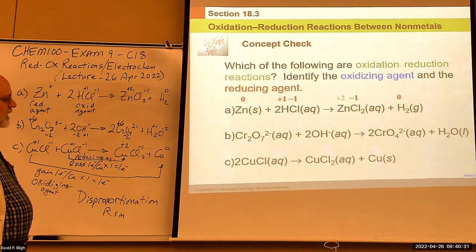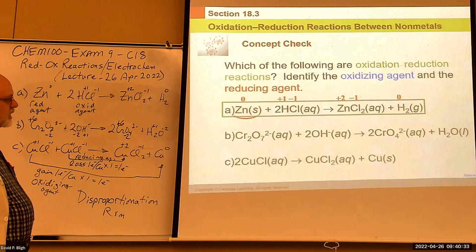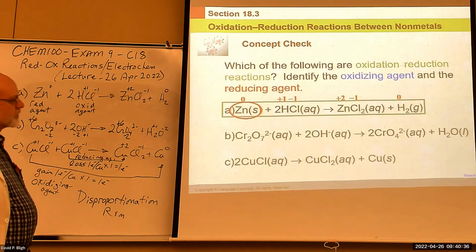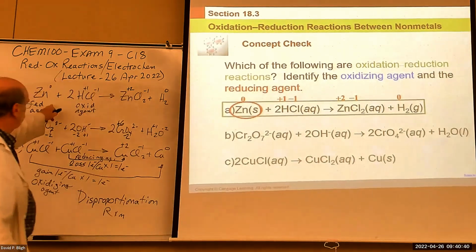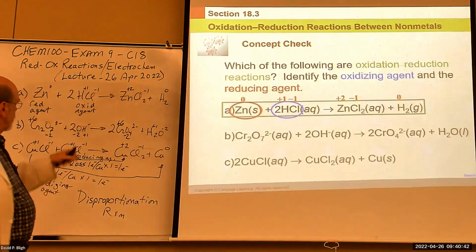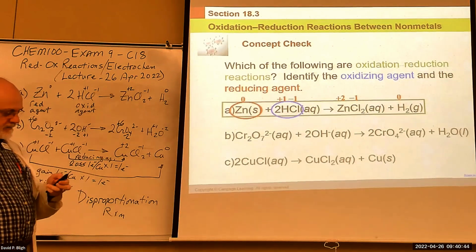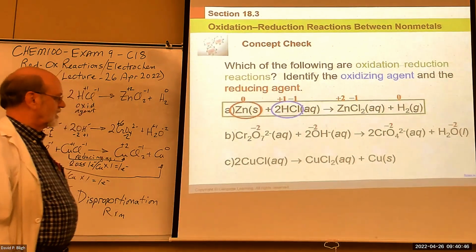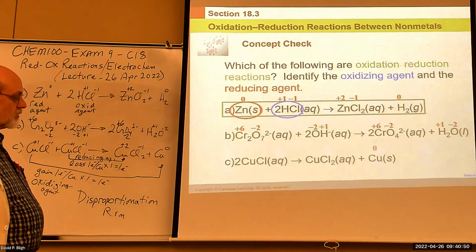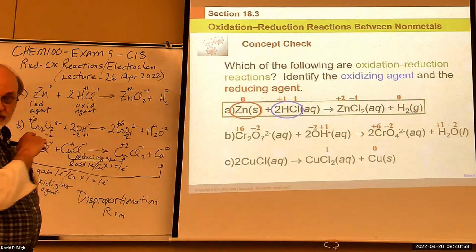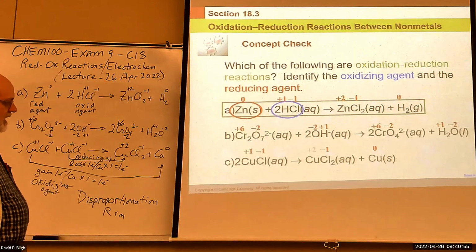So we fill in the information here, and that's a redox. That one is the reducing agent because it's red. Yep. And that's the oxidizing agent because it's blue. We determined that this one is not a redox reaction, so we can let it go and move on to C. Right?